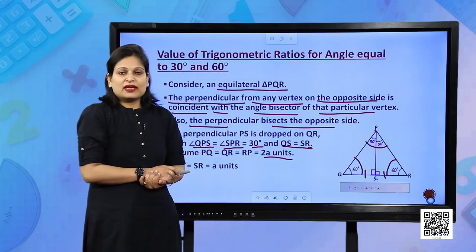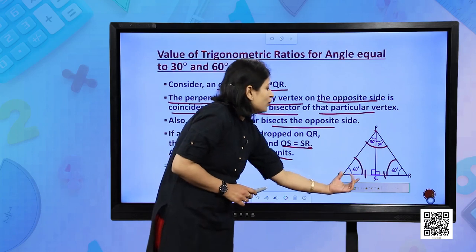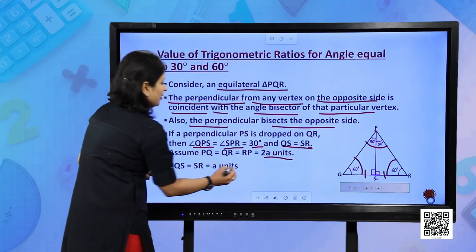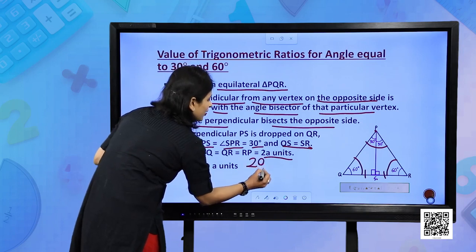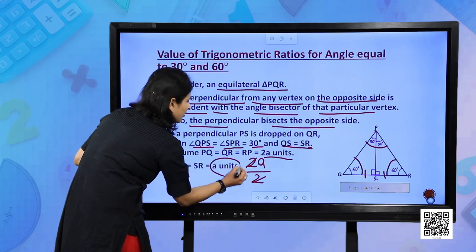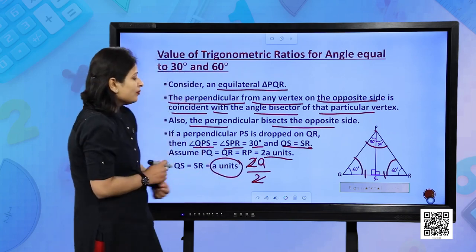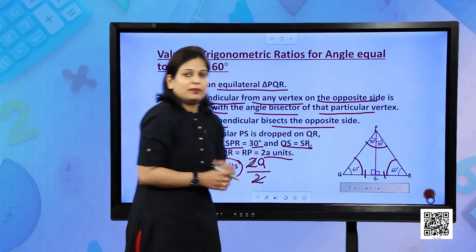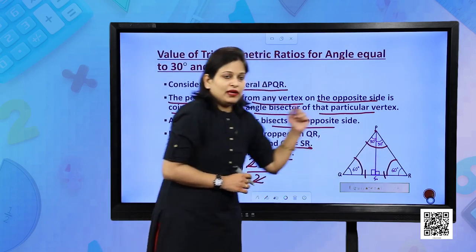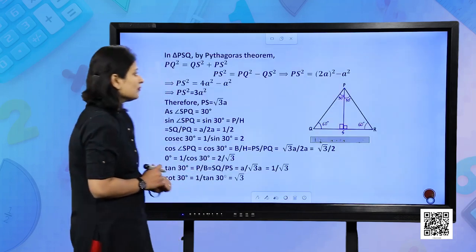So, what will be the measure of length of side QS and SR? It will be 2A divided by 2. What will you get? A units. So, QS and SR will be A, PQ and PR will be 2A.